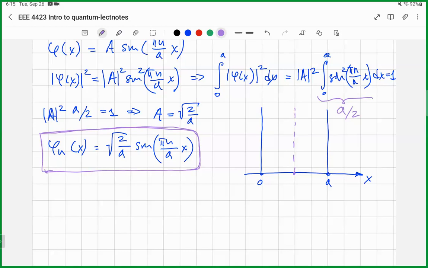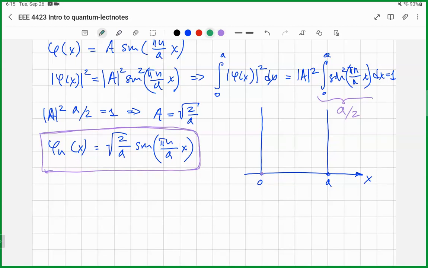By parity of distribution according to this new center of coordinate system. In our case, we put the center of the coordinate system here at the first wall.